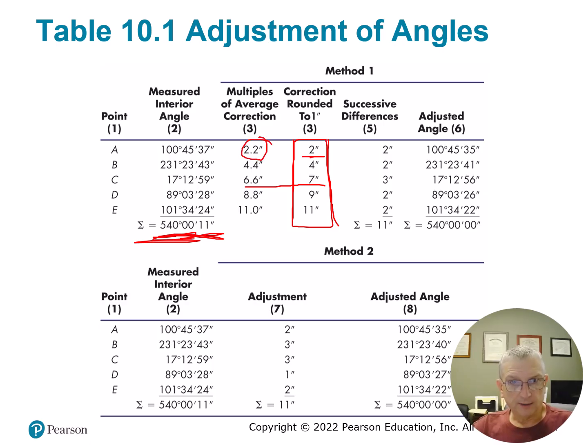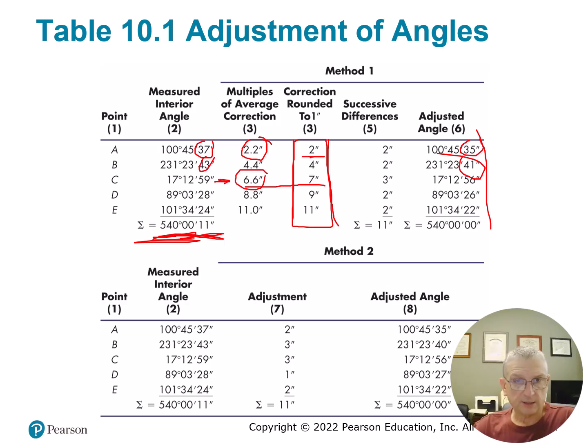So this interior angle, if you add all these up, 2, 4, 7, 9, and 11, the adjusted angle comes out a little bit different. This one changes by 2 seconds. The next one by 2 seconds, 43 to 41. The next one by 3 seconds, which is where your 2.2 times 3 comes up to be 6.6 and rounds.